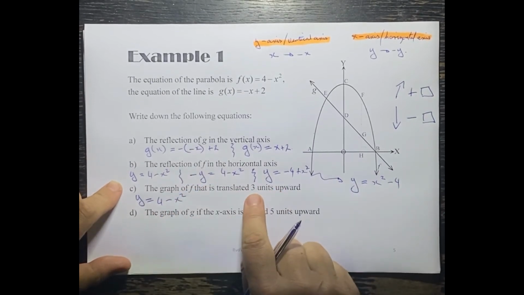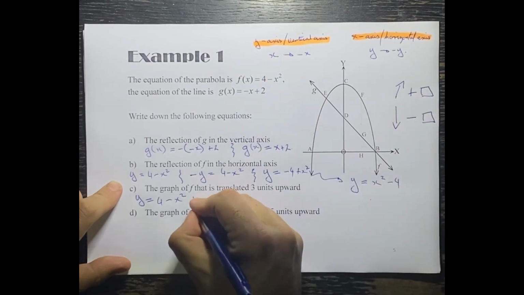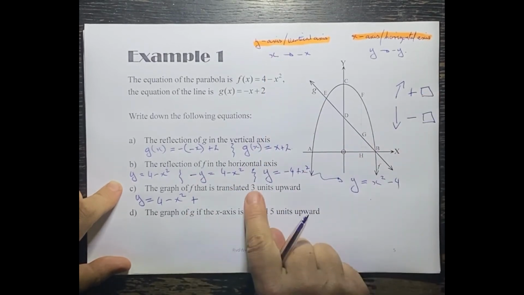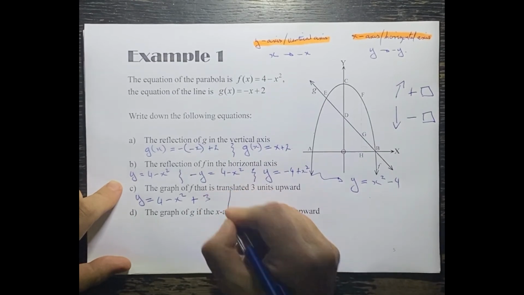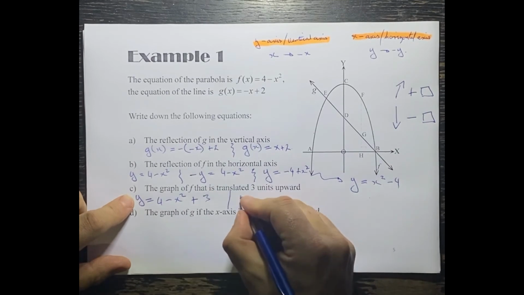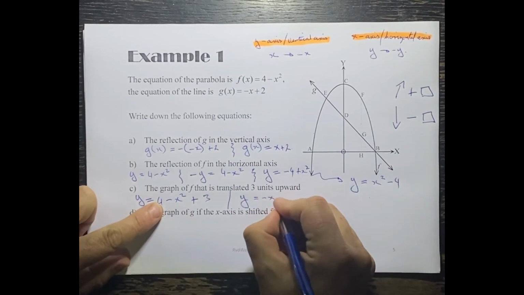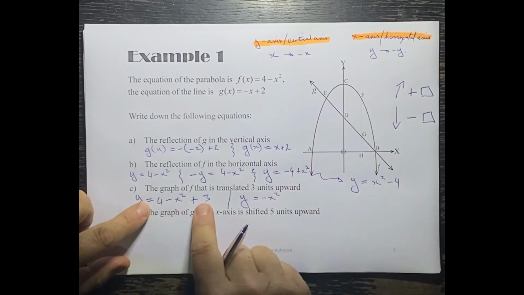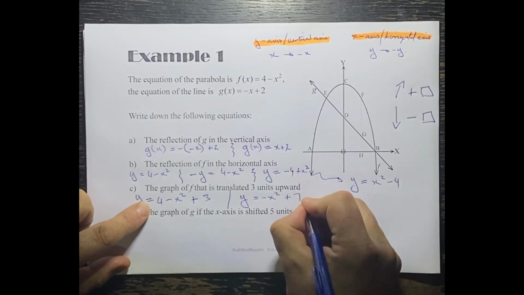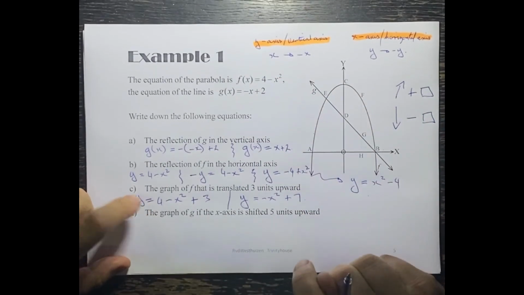And what are we doing? We are moving it 3 units upwards. So upwards is plus, and whatever we're moving it up by, 3. Okay, I'm just going to get like terms together and then reorder it. So y is equal to minus x squared, 4 plus 3 is 7. So we've moved this graph up by 3 units.